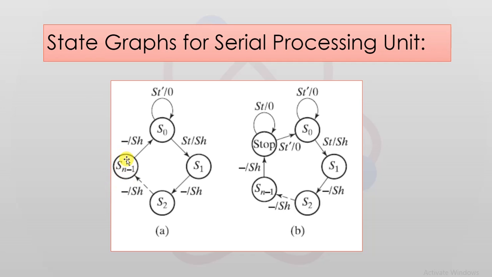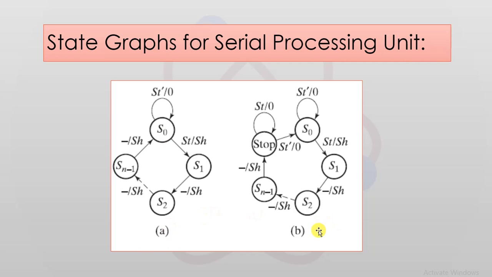Instead, we have concluded with n bits here. Now, if the start signal is equal to 1 only for one clock time, then the control state graph will stop when it returns to the state S0, which is as shown in the first figure.